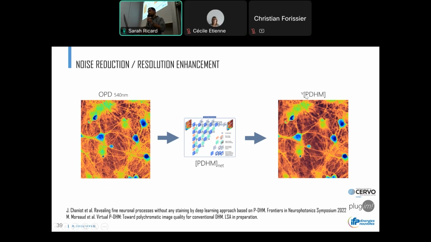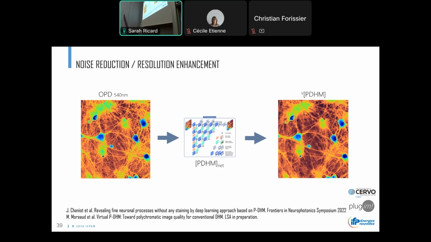We call it virtual PDHM because here we make very hard work to construct the database. We use a physical denoising method to construct a database. So we use polychromatic digital holography to denoise physically the image.